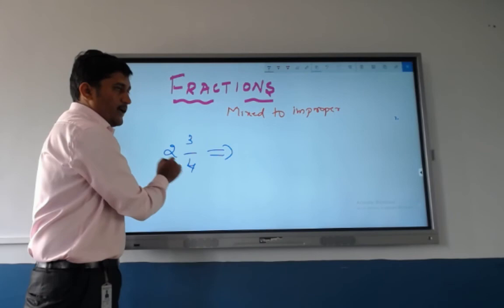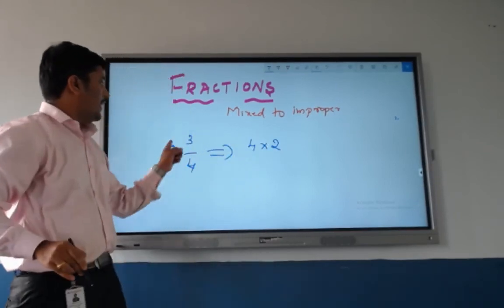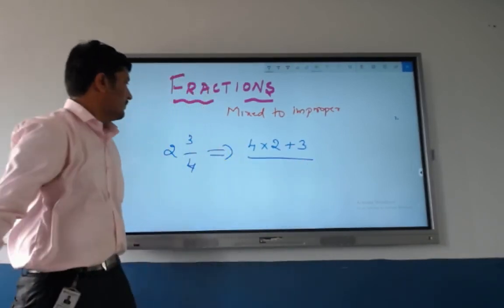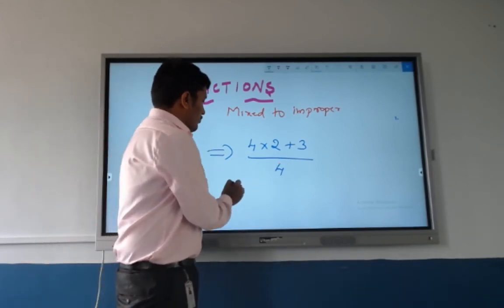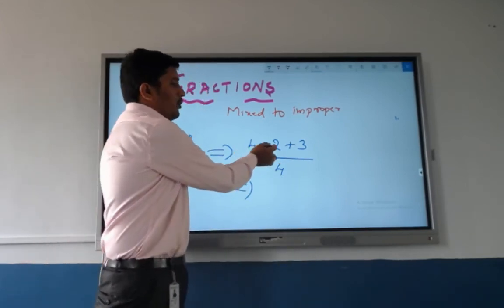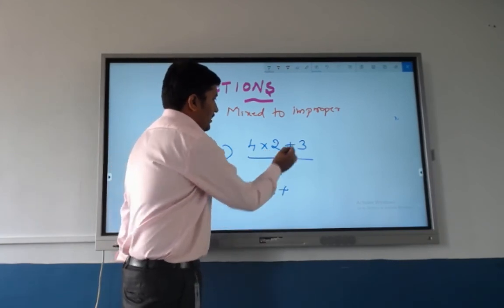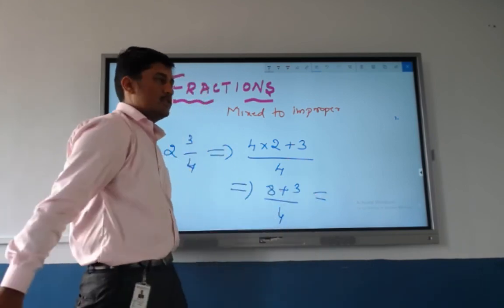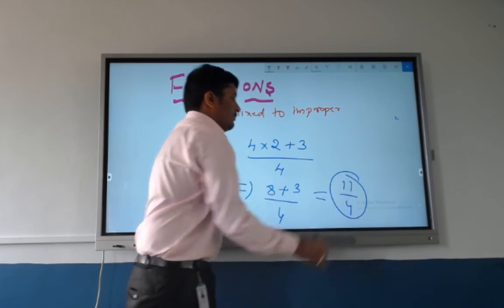These two you multiply. 4 into 2 plus 3, and the denominator is as it is, upon 4. So now what will happen? 4 twos are 8. 8 plus 3, and 4 as it is. So 8 plus 3 how much? 11. So 11 by 4 is the improper fraction.